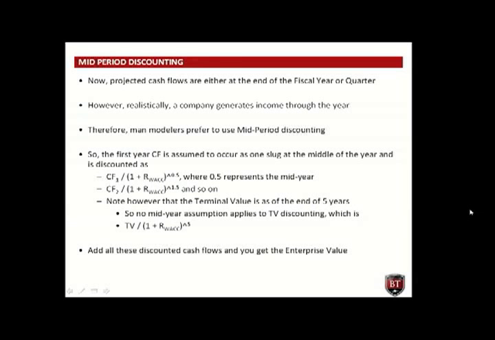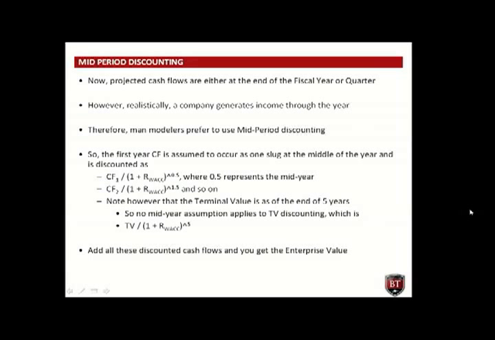But do note that the terminal value is not subject to mid-period discounting. The terminal value happens at the end of 5 years or at the end of your period of projections.